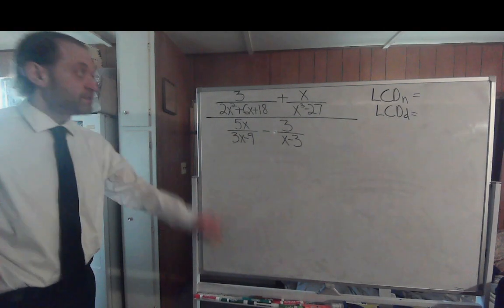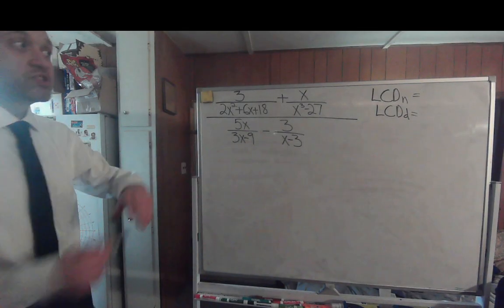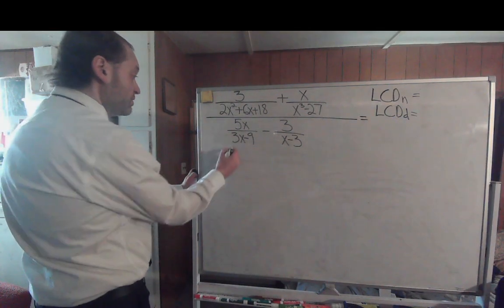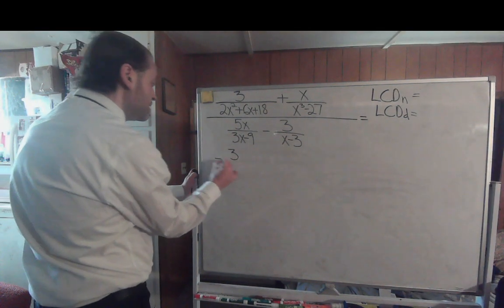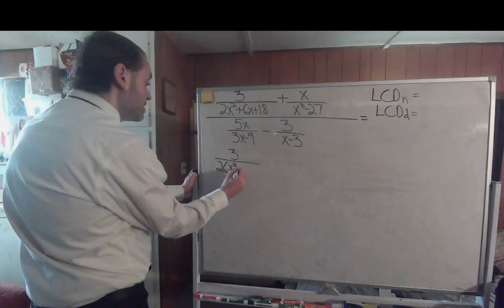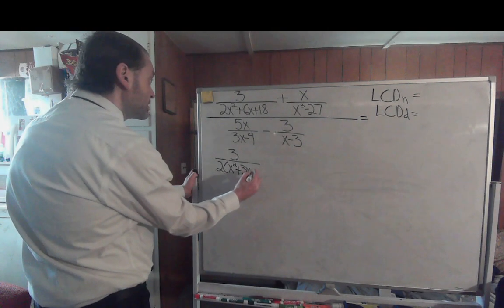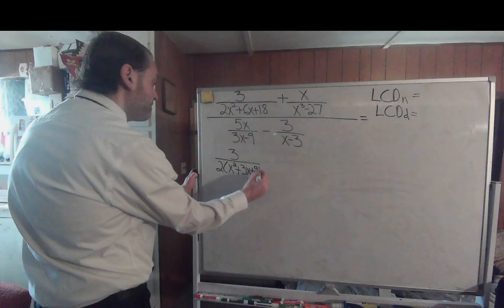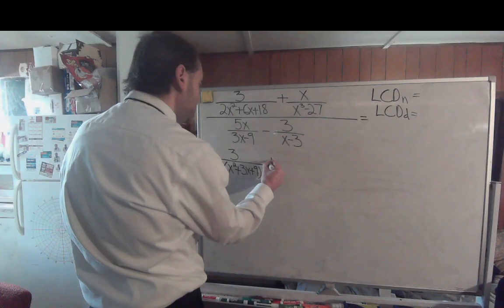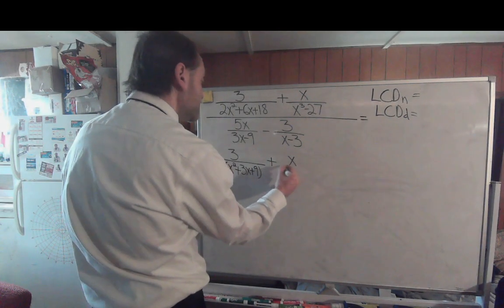I think we definitely want to start with factoring as much as we possibly can, right? So start in the numerator, this would be 3 over 2 times x squared plus 3x plus 9 plus x.